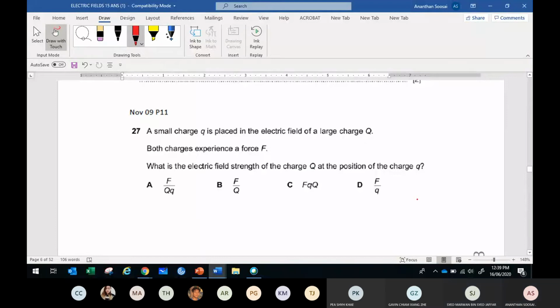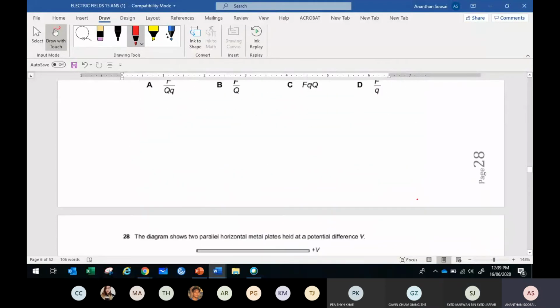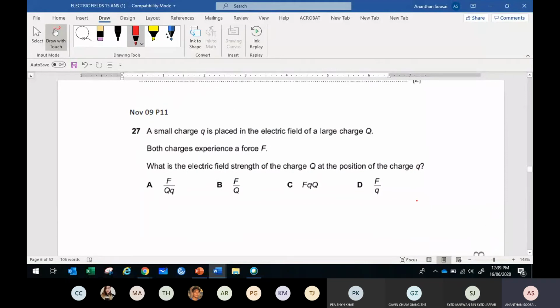Okay, this is a very good question. This is page 28, question 27. One minute for you. Read it carefully.